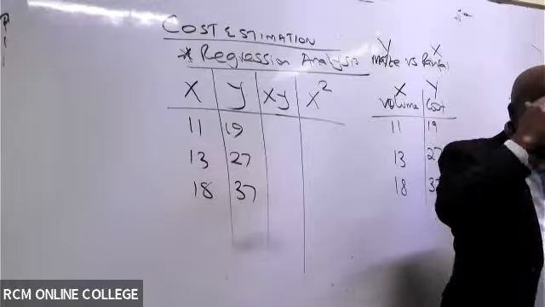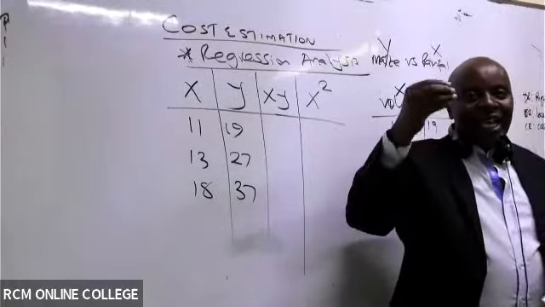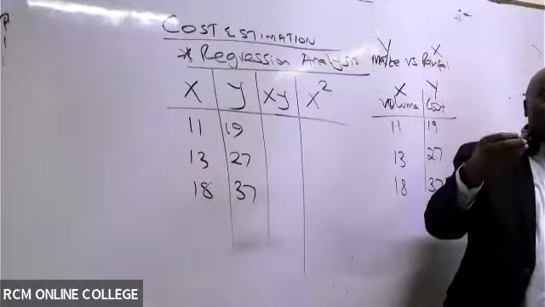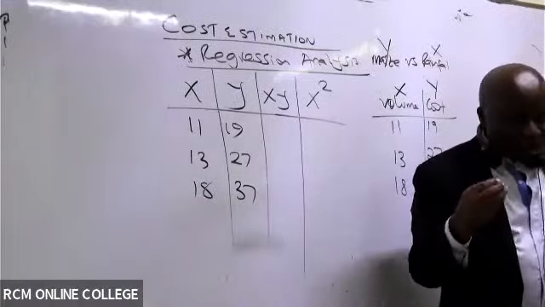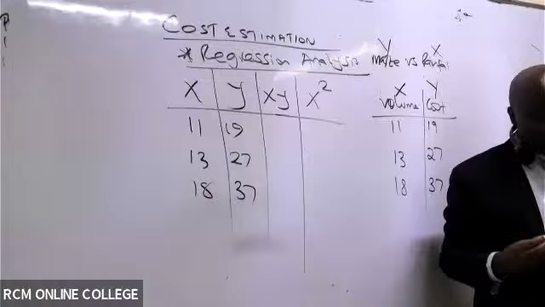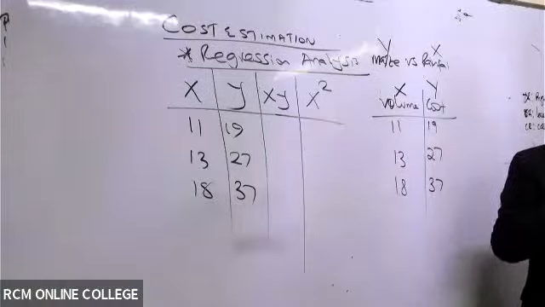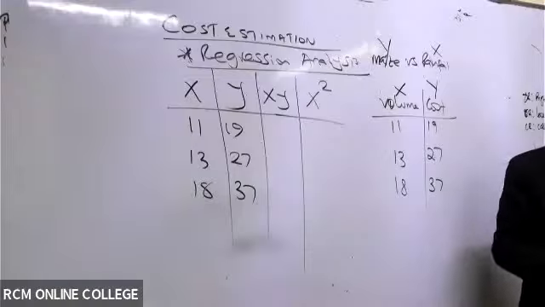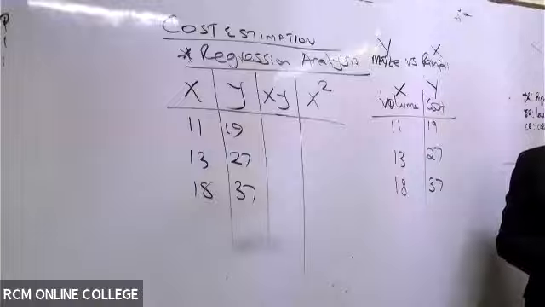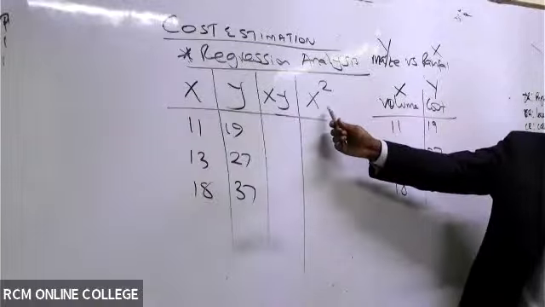We have just introduced regression analysis, the simple regression equation, where we are supposed to get the value of B and the value of A. So if it's regression, you must introduce XY and X squared.